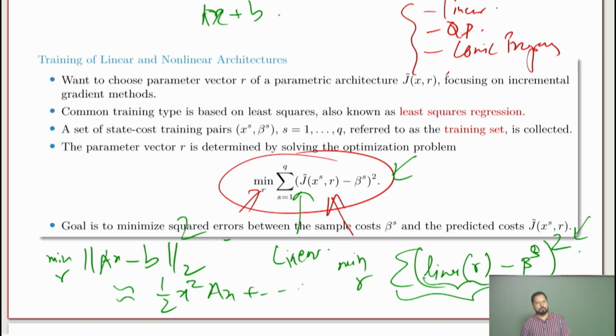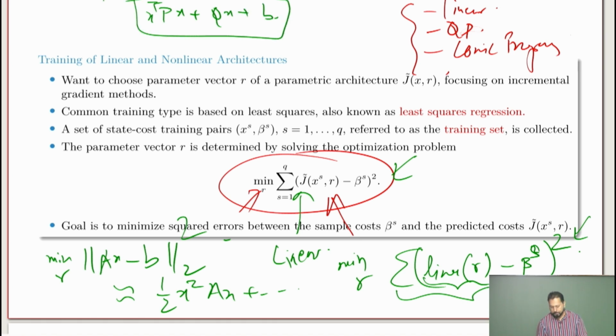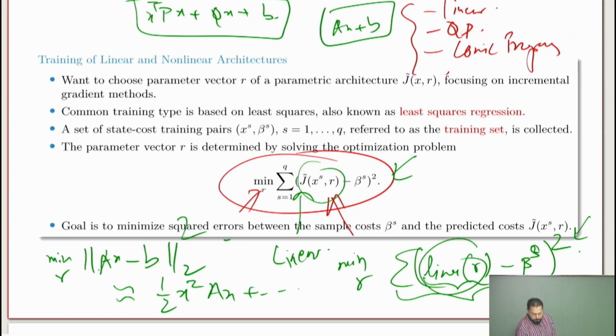So this is what a quadratic means, where a quadratic objective function is of the form x transpose px plus qx plus b. All quadratic functions are like this, just like all linear functions are of the form ax plus b. So as you can see from the current derivation, if this happens to be linear, then all linears are of the form ax plus b.